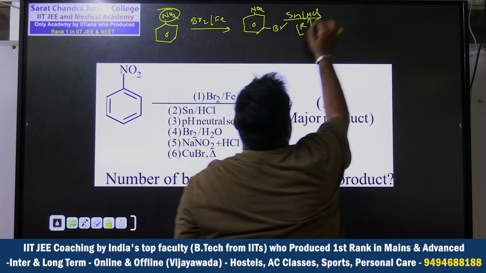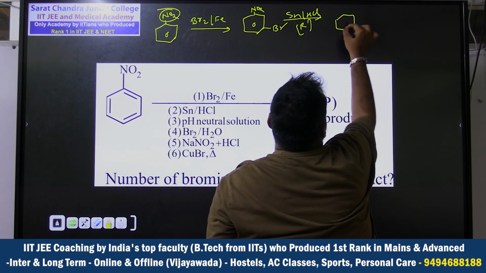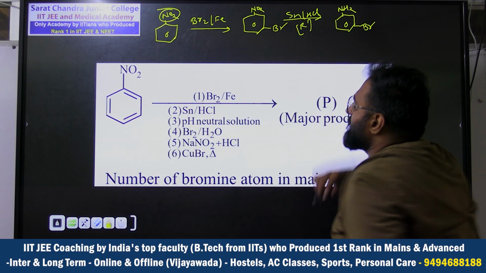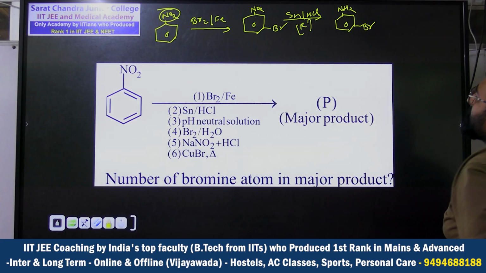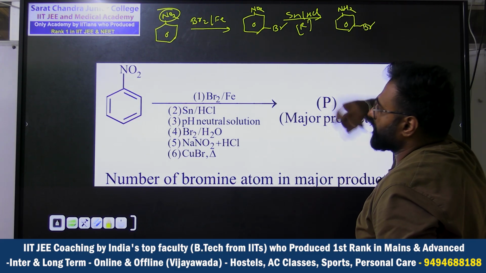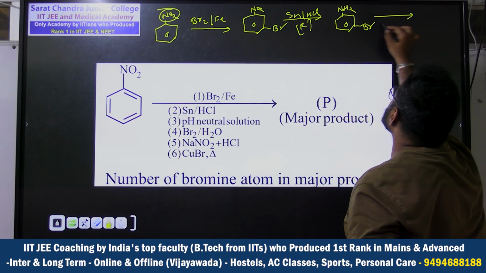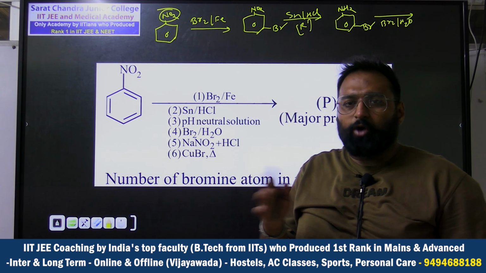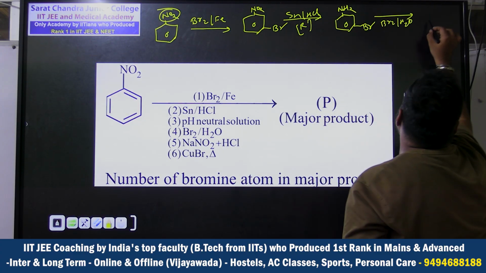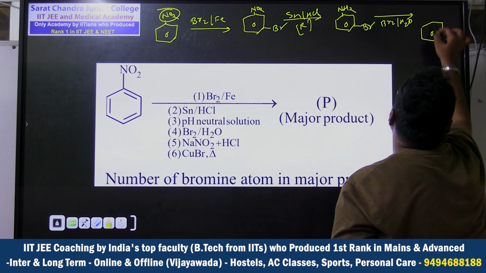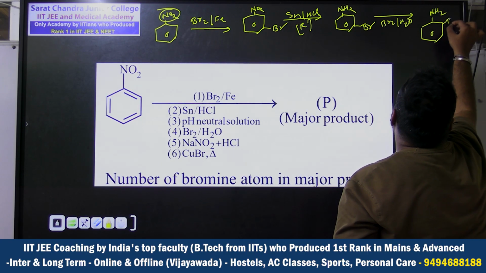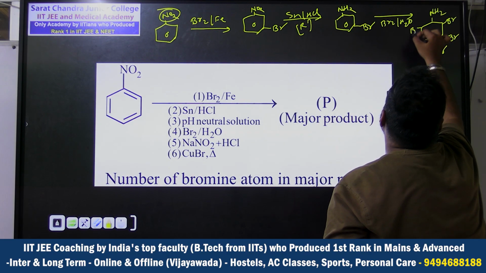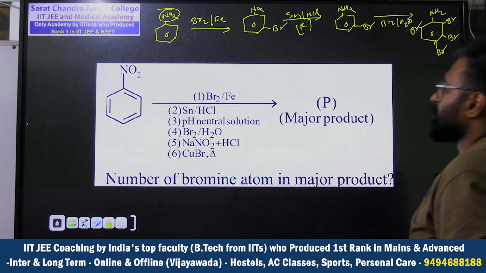Reduction, so NO2 is reduced into NH2. Then a pH neutral solution, meaning we are just passing through water. Then comes bromine water, meaning we need to add bromine at the ortho and para positions. So the product obtained is NH2 with Br and Br.